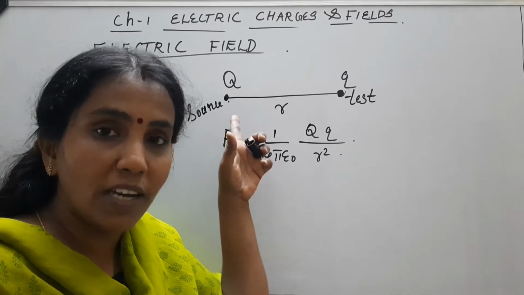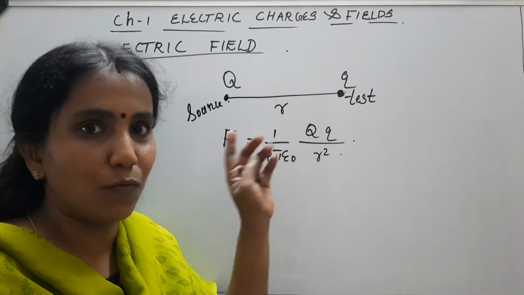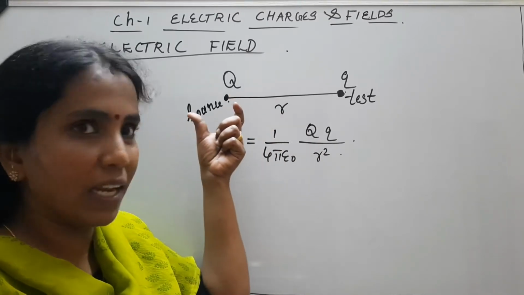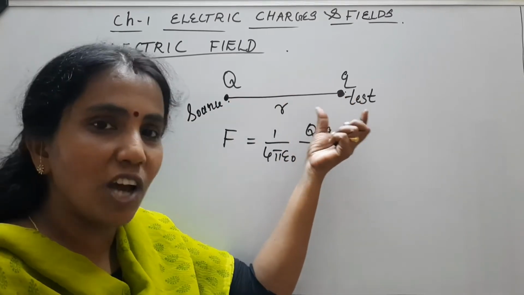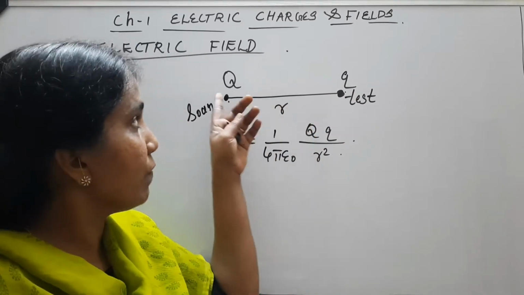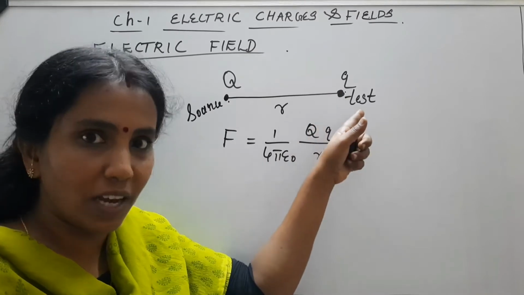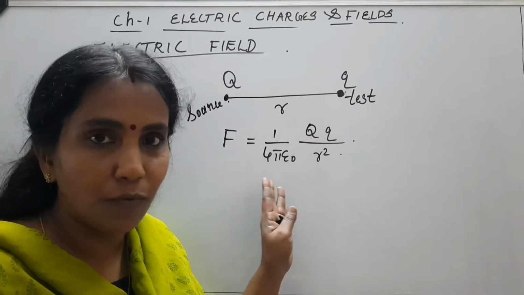If the source charge is not there, this test charge will not experience any force. So it's because of something in this vicinity that this test charge is experiencing that force. If the source charge is removed and the test charge is kept there, the test charge will not experience any force.